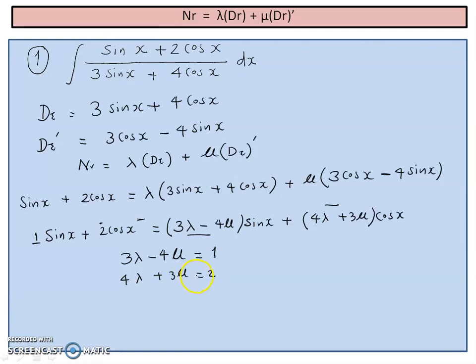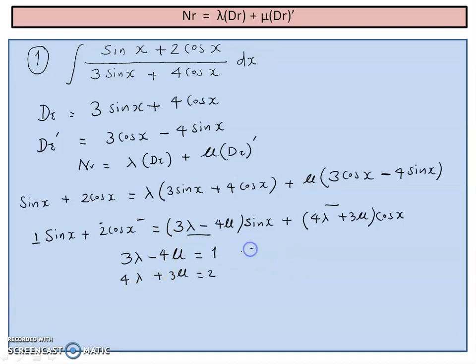समझ गए बच्चों? 3 lambda minus 4 mu is equal to 1. 4 lambda plus 3 mu is equal to 2. Now this I will multiply by 4 and this I will multiply by 3. तो क्या हो जाएगा?